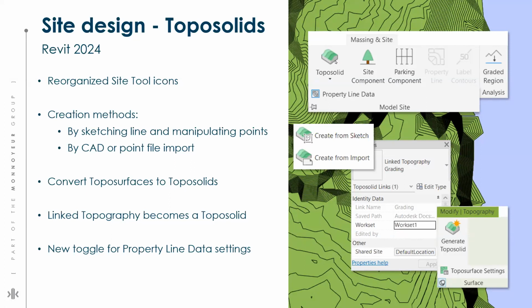But now if we bring in survey data or a CAD file with particular contours, it will automatically take those points, define the intervals of contours and develop the site accordingly. You can even calculate the volumes and earthwork out of it. So this is quite a new feature available in the 2024 version.